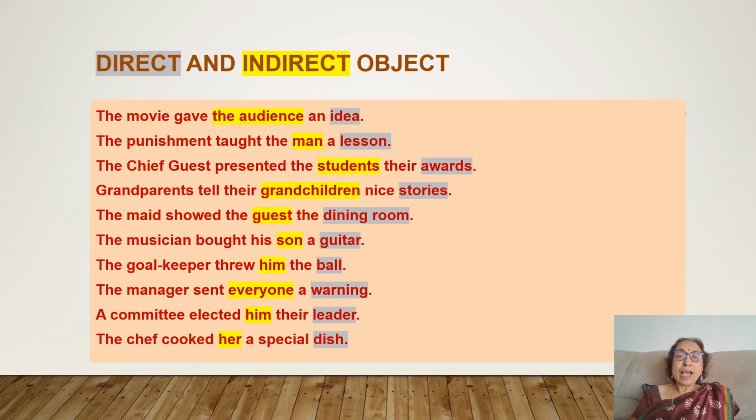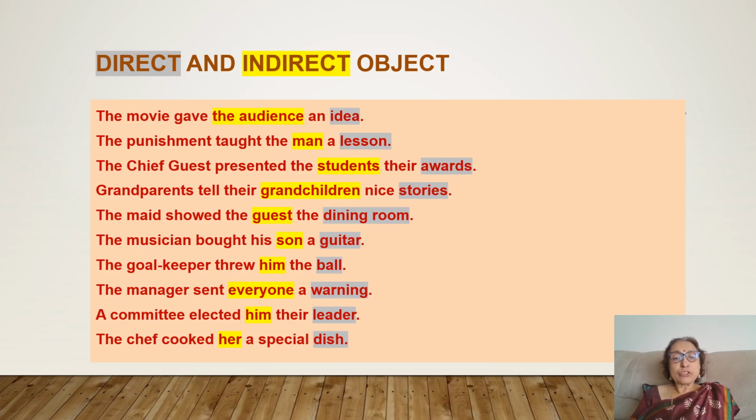But we can give an indirect object, and that comes in front. Because it comes in front and I have put direct first, you might think that is the direct object, but it isn't. In all the sentences, you will find that the direct object comes at the end. It comes after the indirect object.